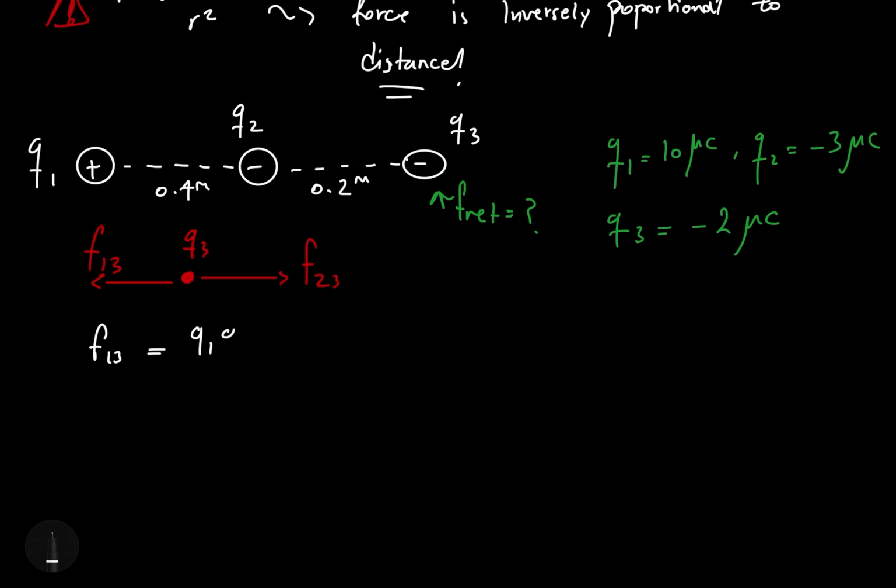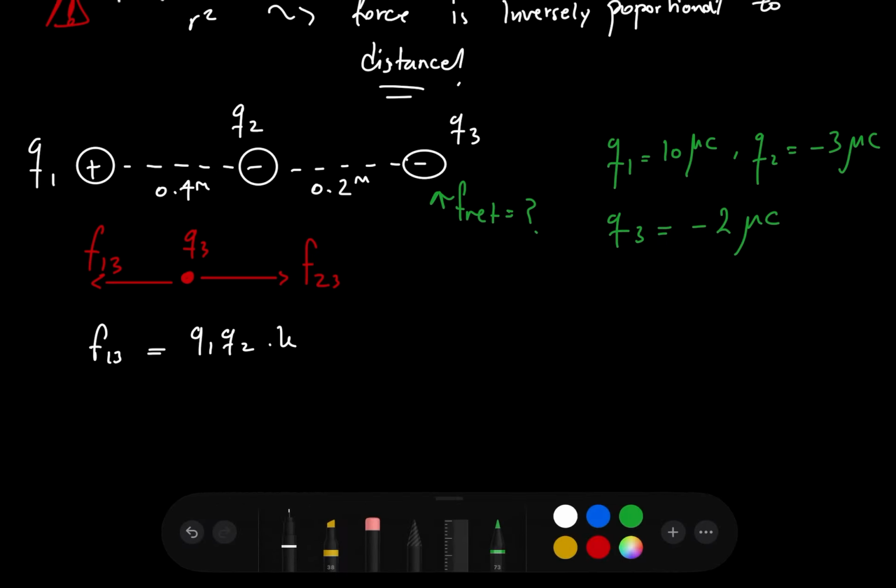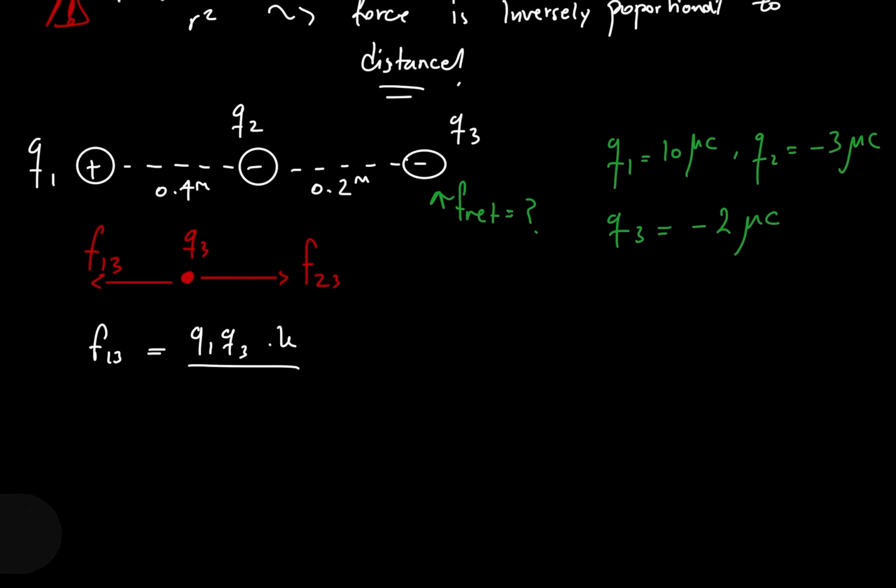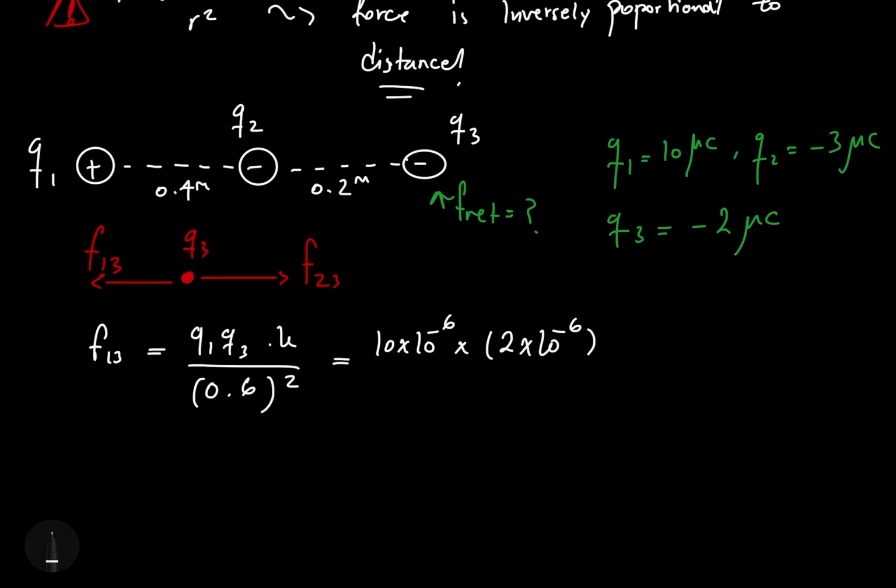F13 is going to be K times Q1 times Q3, divided by the distance between Q1 and Q3, which is, well, if you add up the distances, 0.4 meters and 0.2, that gives you 0.6 to the power of 2. So if you were to go ahead and calculate that, that's just going to be 10 times 10 to the power of -6 multiplied by Q3, which is 2 times 10 to the power of -6, multiplied by K, which is 9 times 10 to the power of 9.